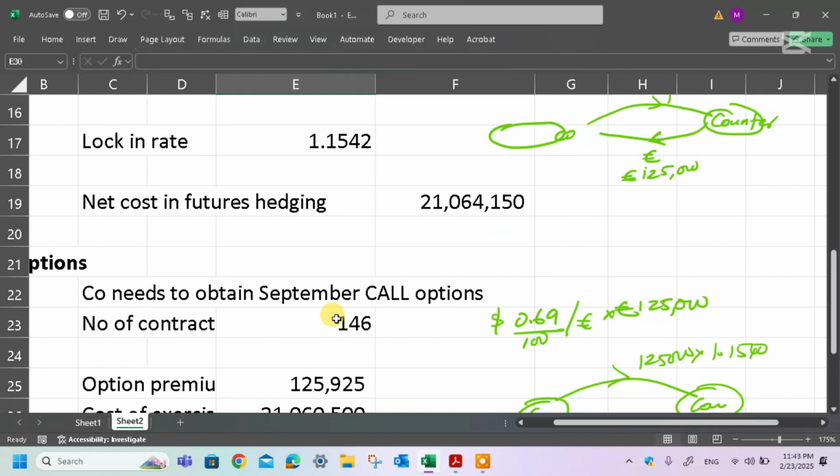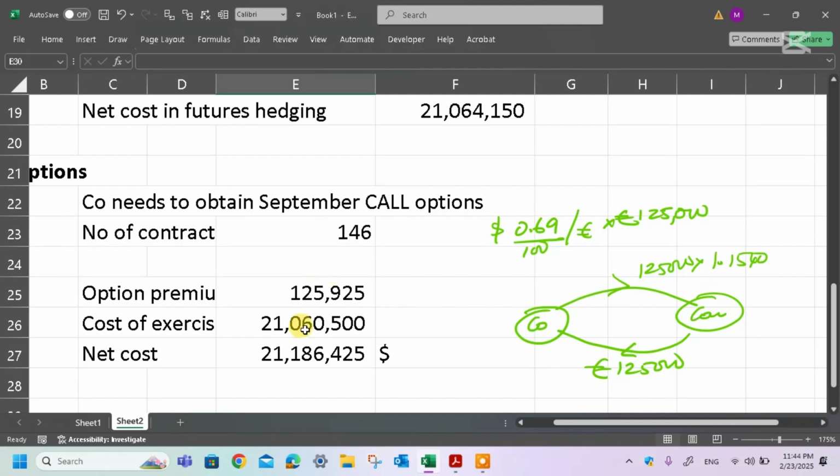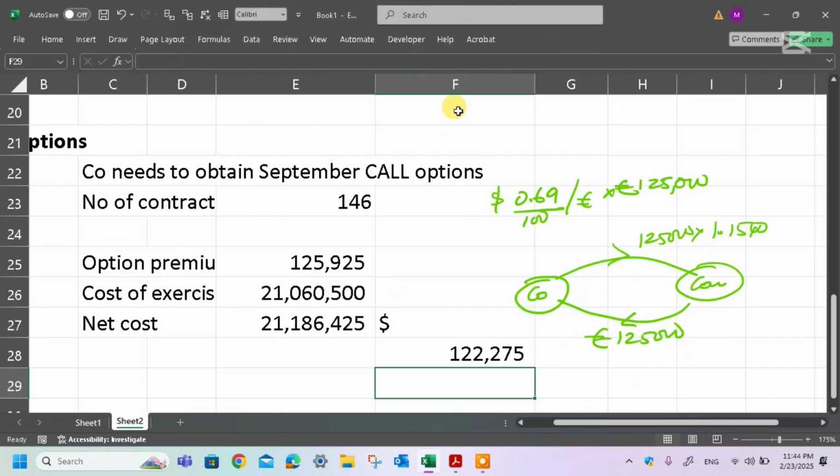So you can give the recommendation. What recommendation are you going to give? The option is quite expensive, because 21,064 versus 21,186 means almost 122,000. You can get the difference: this minus this. 122,000 is quite significant.